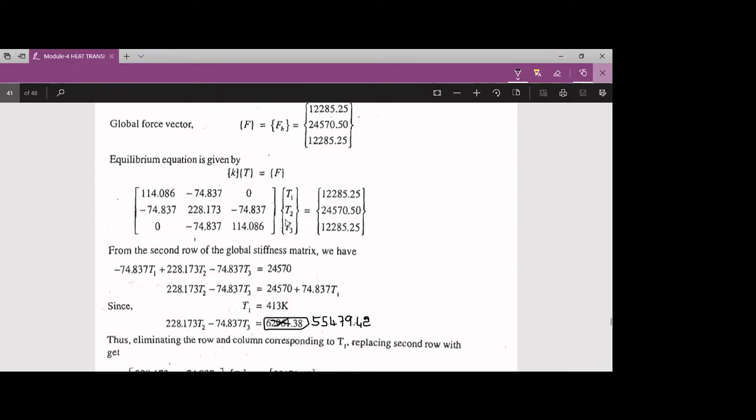If there were no value at node number 1, you could easily eliminate this row and this column. But because there is a value at node number 1, this contribution goes into the second simultaneous equation to calculate T2. As we want to calculate T2, these values must also be considered.